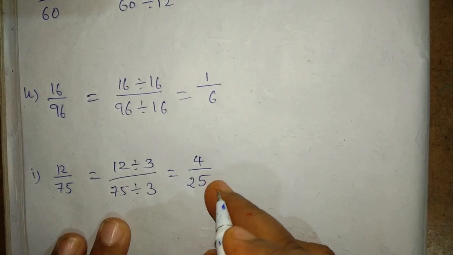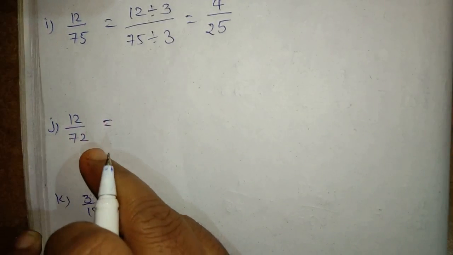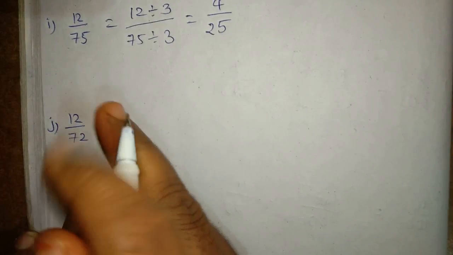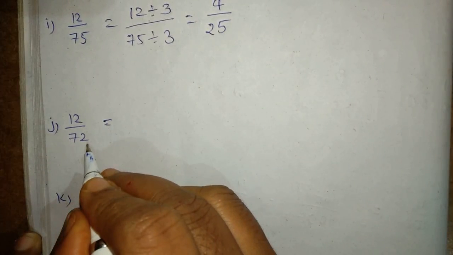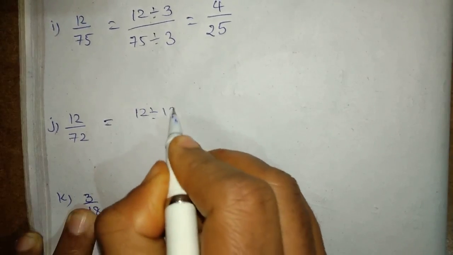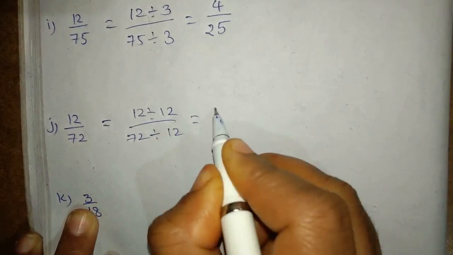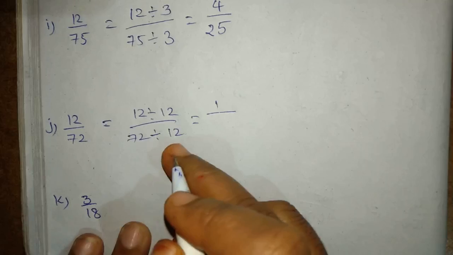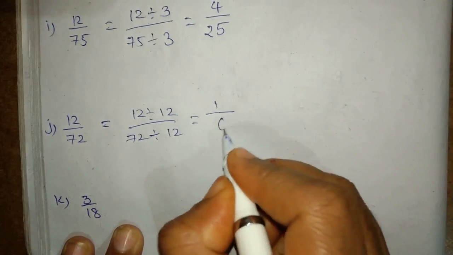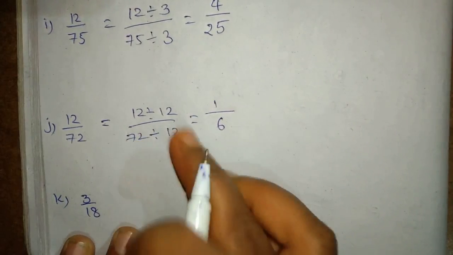Then we get 4 by 25. Next, 12 by 72. In this, both numerator and denominator are divided by 12. 12 by 12 is equal to 1, 72 by 12 is equal to 6. 12 sixes are 72.